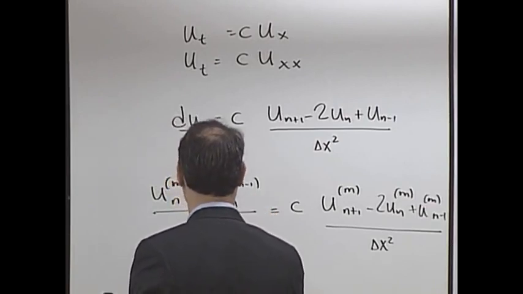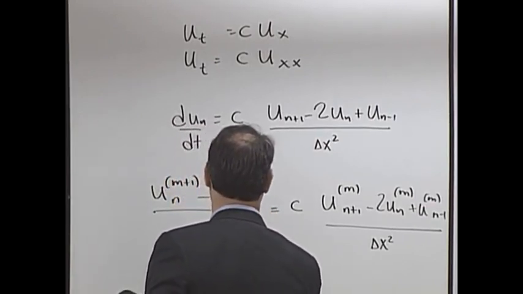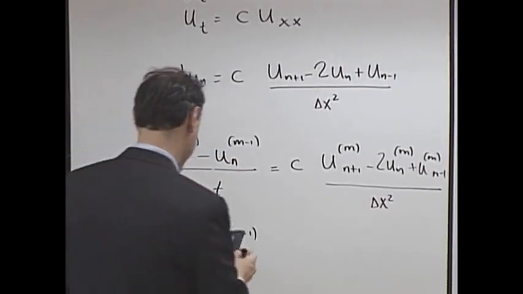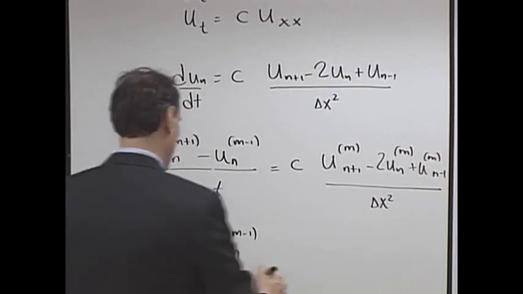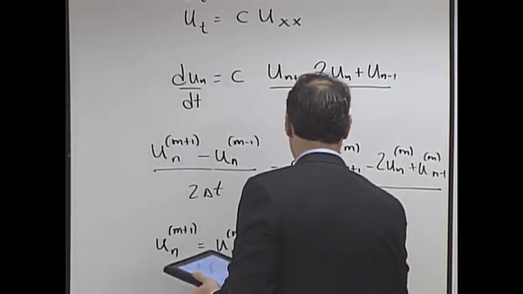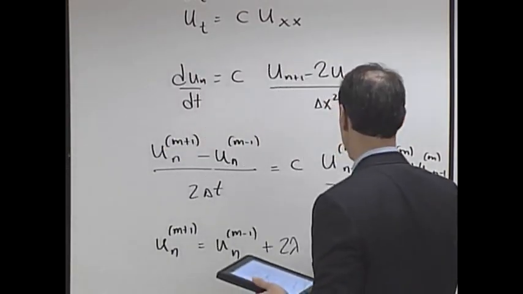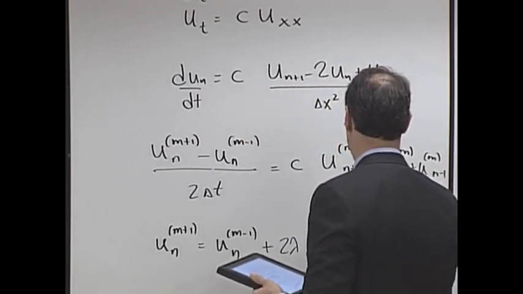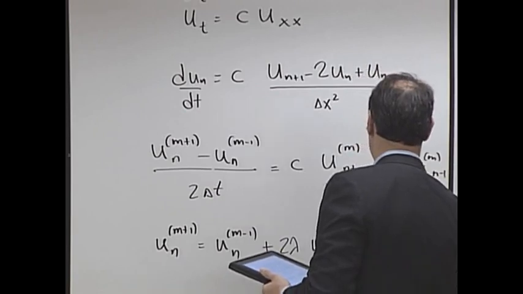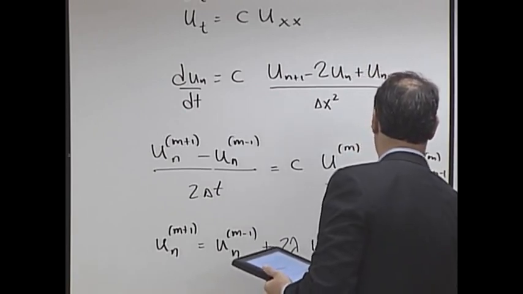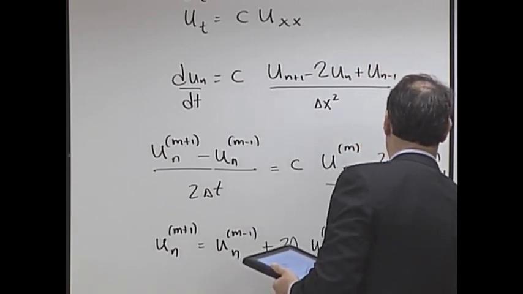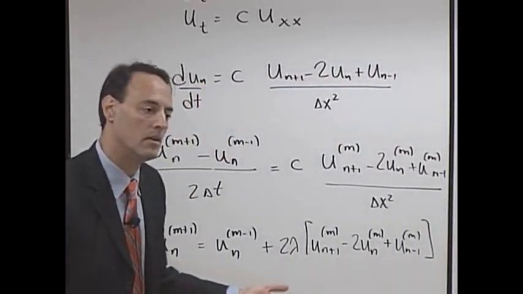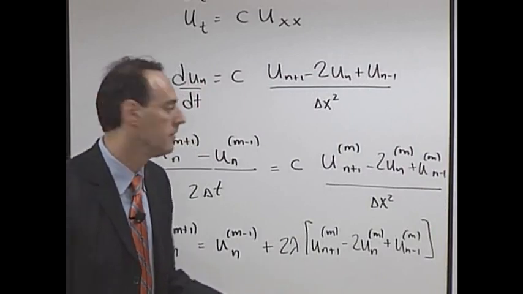Point in the future is what it was one time ago, plus 2 lambda, and I'll tell you what lambda is in a minute, times u^n_{m+1} minus 2 u^n_m plus u^n_{m-1}. There you go. There's your leapfrog scheme for the derivative.